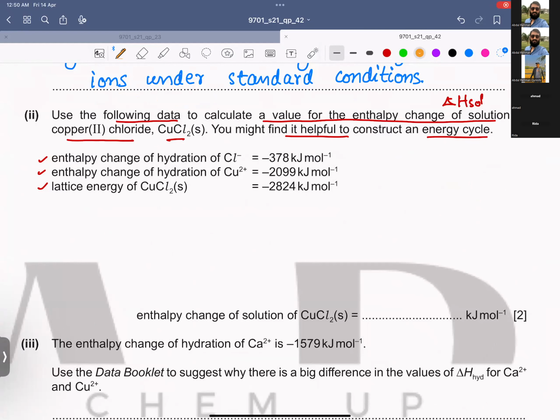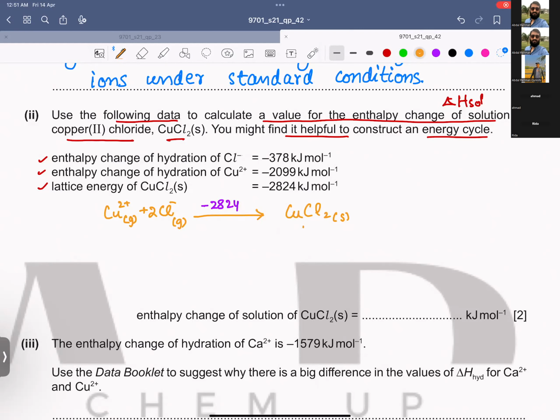See, for example, if I form solid copper 2 chloride over here from gaseous ions, then I can call it the lattice energy, and its value is -2824 kilojoule per mole. Is it understandable?